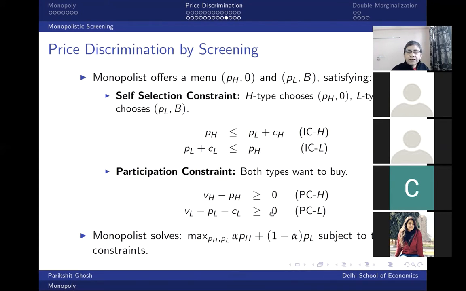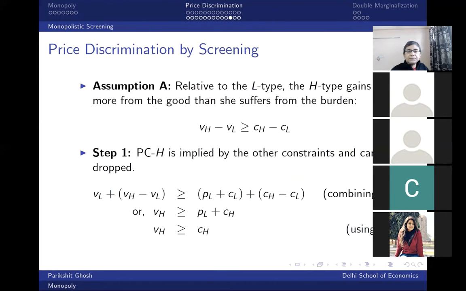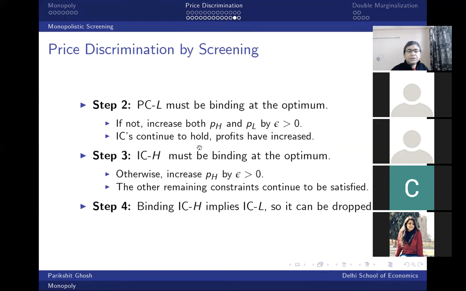And over here, the left-hand side will... And this also continues to be satisfied. So we don't violate any of the constraints, and profits go up.